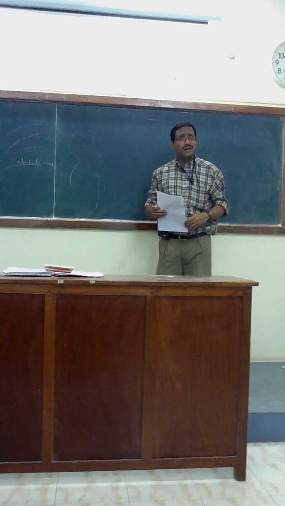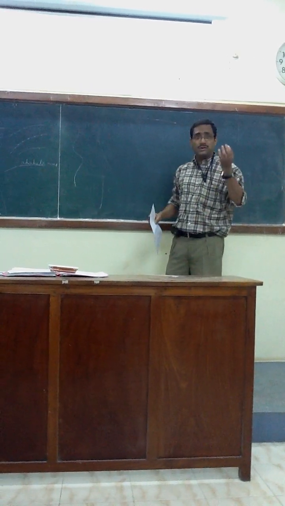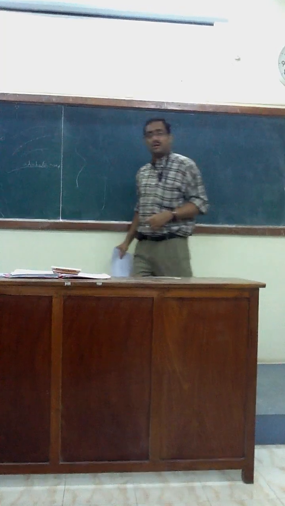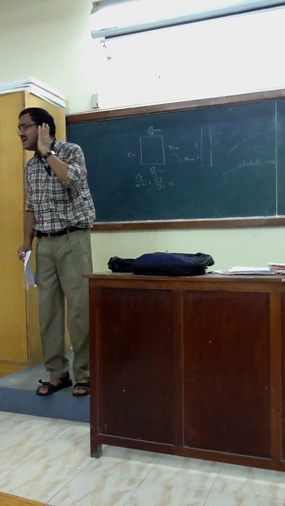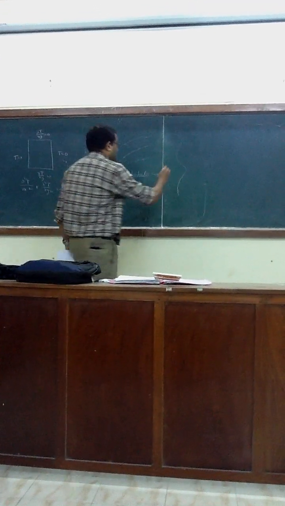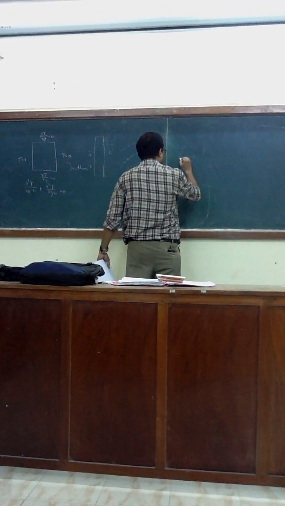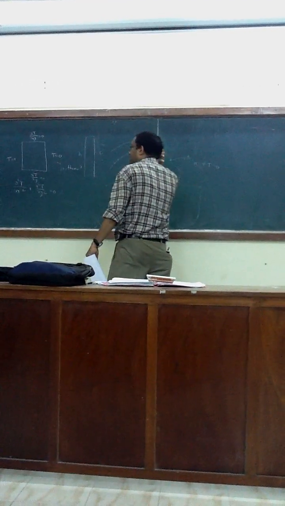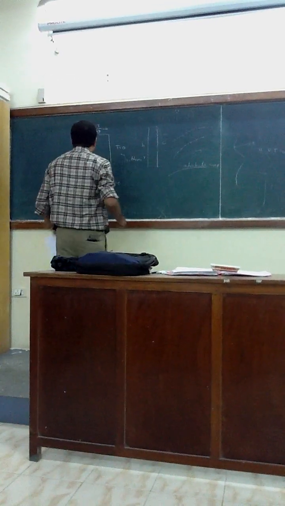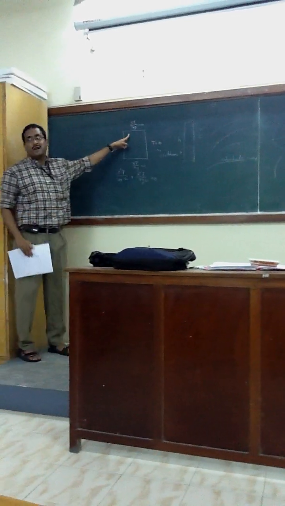What is lambda? You don't even know how to pronounce the symbol. N dot grad T. This is the direction at a particular point, the normal direction. N dot grad T equals to 0. Okay. So, if this is the adiabatic wall, how should the isotherm be?